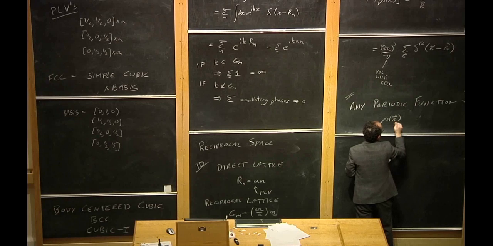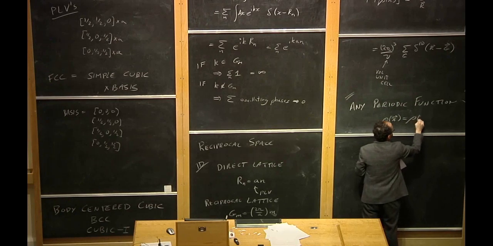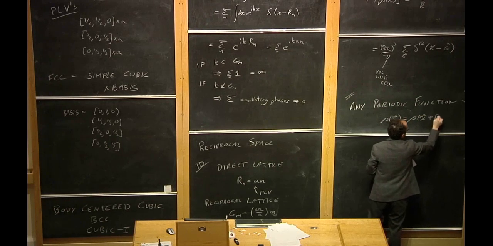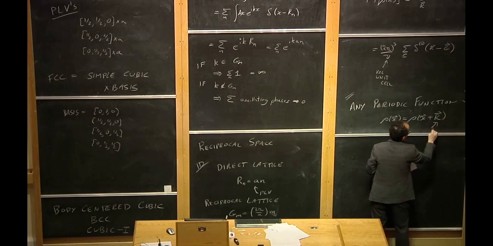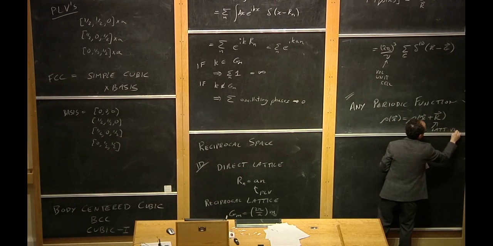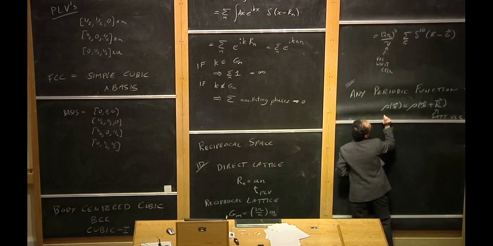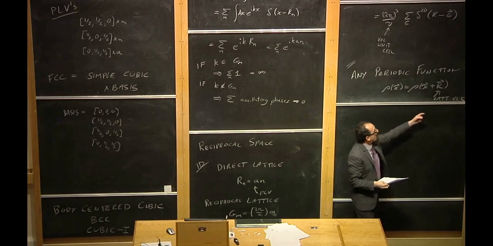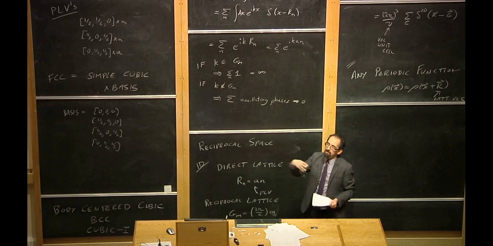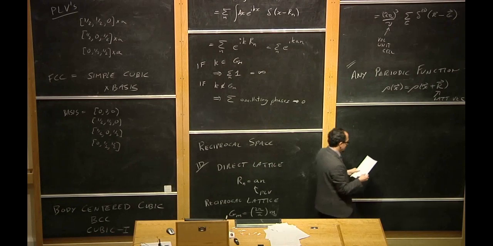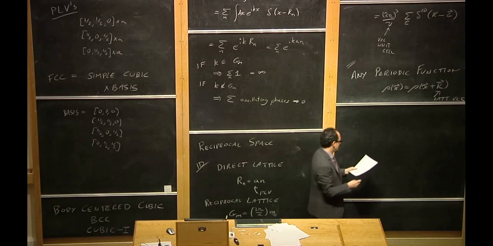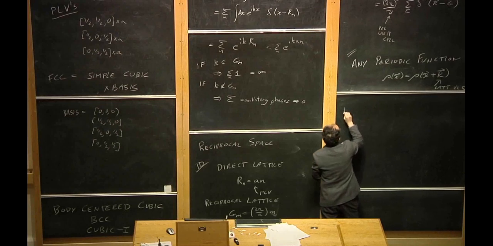What I mean by periodic function is that rho of x should equal rho of x plus r, where r is a lattice vector. So this function has the periodicity of the lattice. Okay, does that make sense? Yeah? Okay.